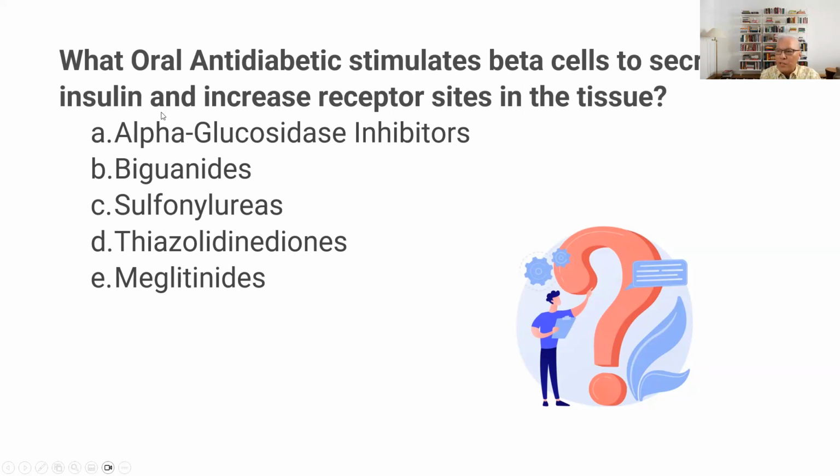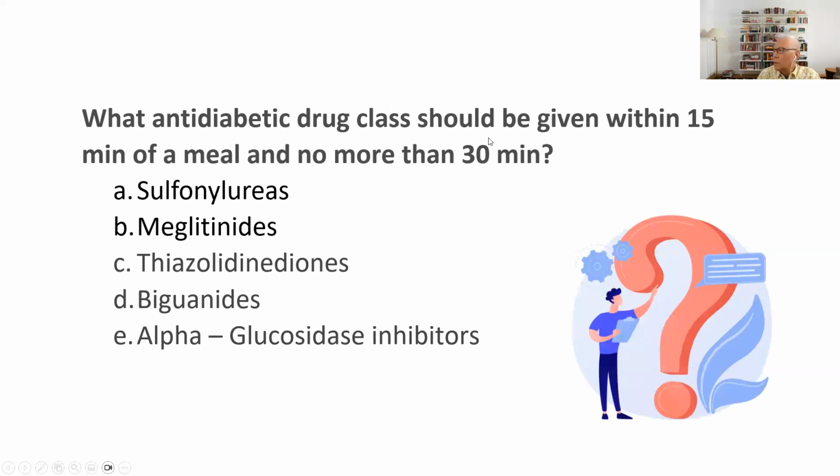That would be sulfonylureas, letter C. Okay, so we have to remember which one secretes or increases the secretion of insulin.